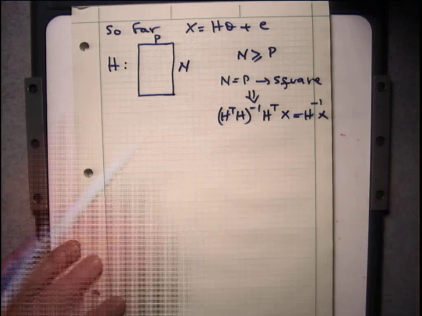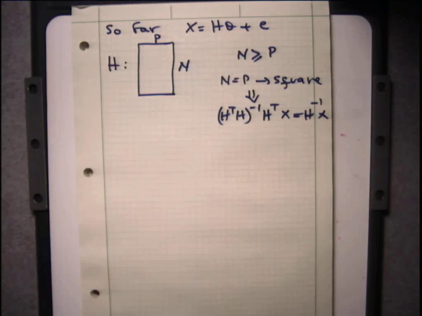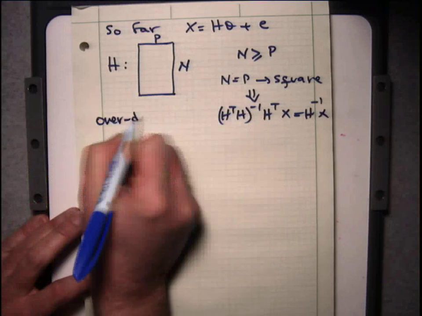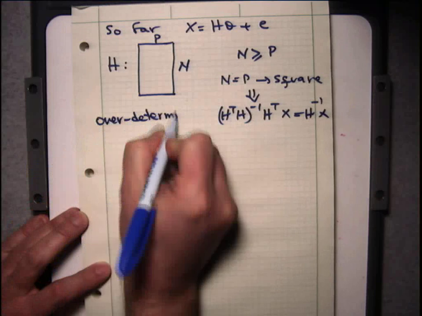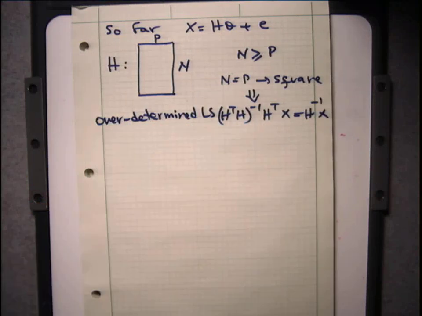In this case, of course, it's not. Here you have more measurements than you have unknowns. We generally refer to this case as the overdetermined least squares problem. Overdetermined because you have at least as many equations, if not more, than the unknown parameters. There are situations, however, in which you have fewer equations than you have unknowns.